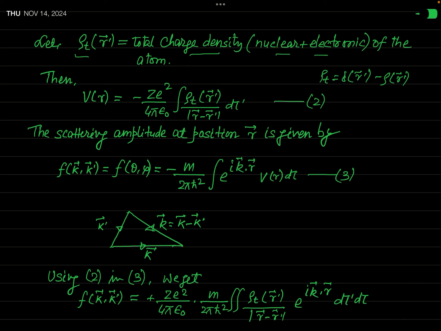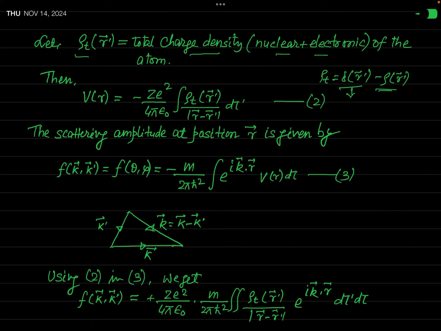Here rho of R dashed is the electronic charge density, because the charge is distributed in a continuous manner, and the Dirac delta function defines the charge density due to a discrete charge distribution.